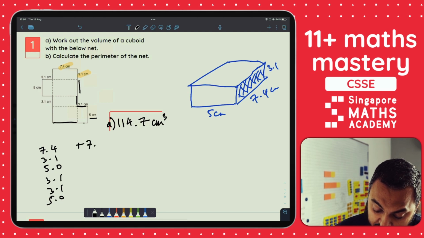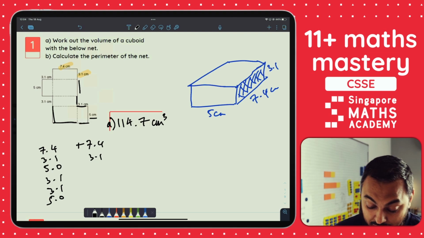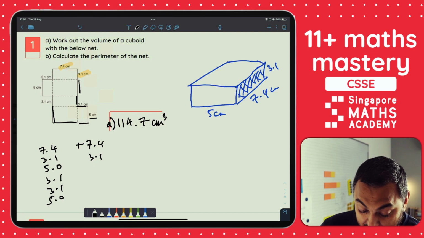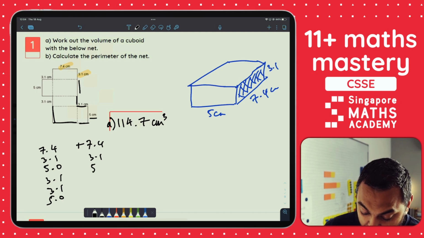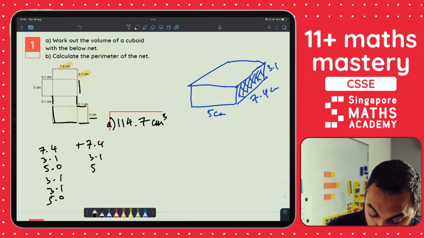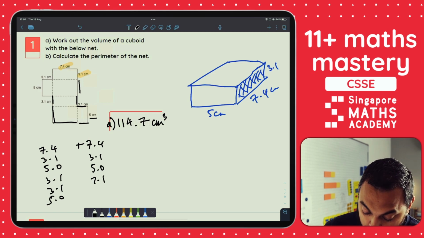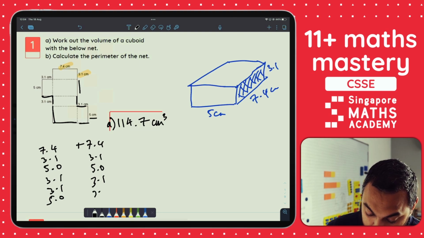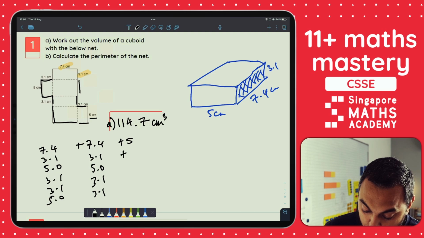So I have to add another 7.4, 3.1. So I've done that. Then I've got to add another. I can continue to do that, and I keep going on. I've added another 5. Add another 3.1. Add another 3.1 here. Add 5, 3.1. Add 5. Add 3.1.